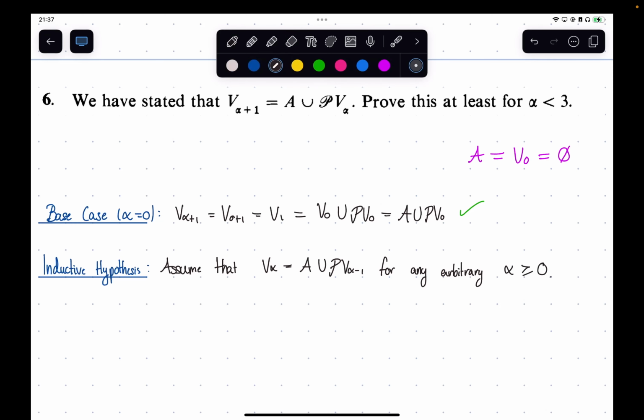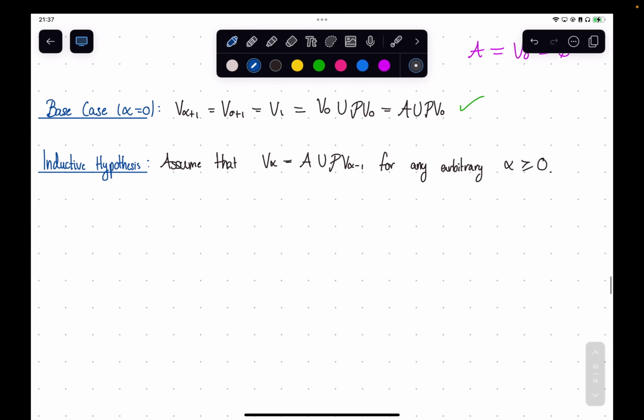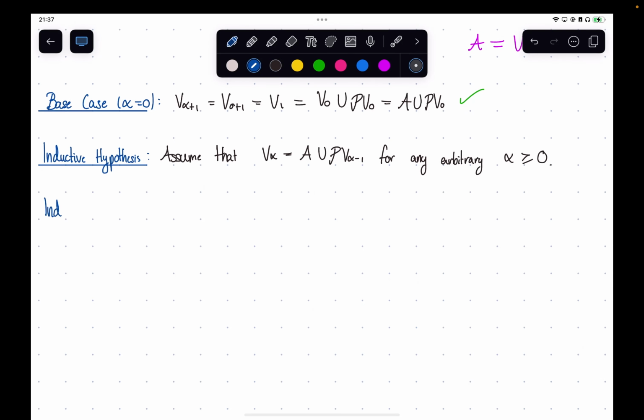This is sound because our base case holds up. And now let's do the inductive step.